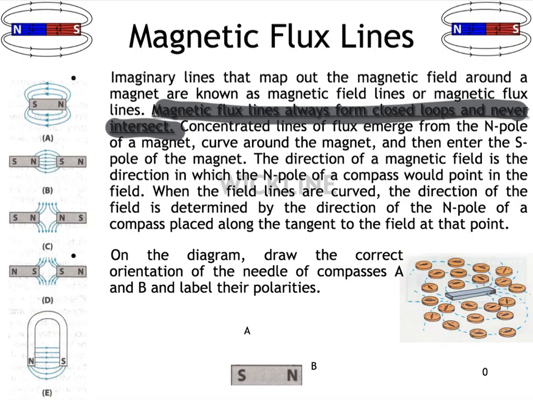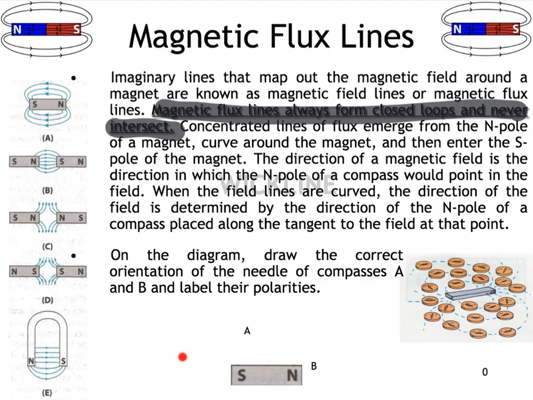So if we were to put a compass in a magnetic field, of course its north needle is going to be pointing the way the northern magnetic field lines are going, which is to say towards the south pole of the magnet. So let's draw that in. Let's make that practical and draw that in around this bar magnet right down here.